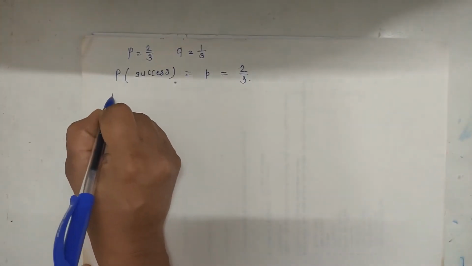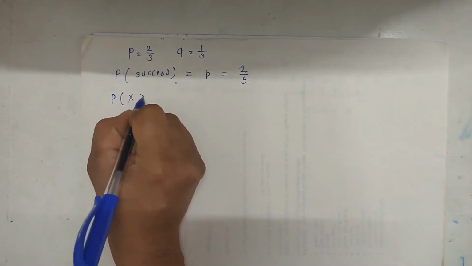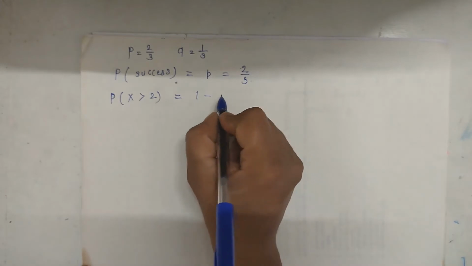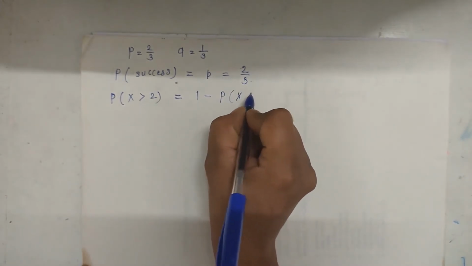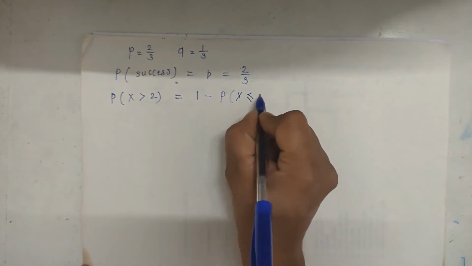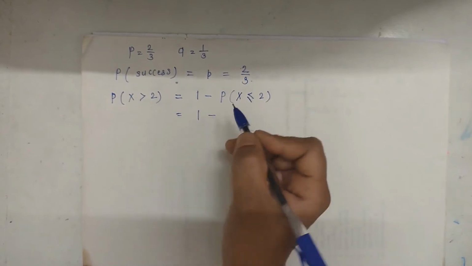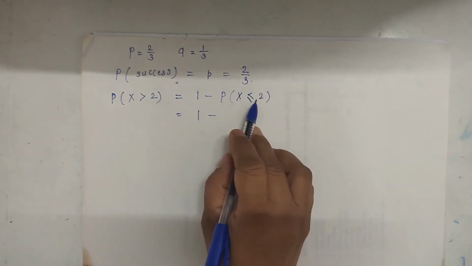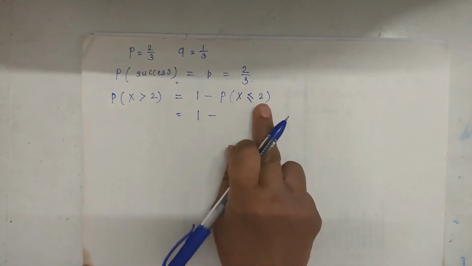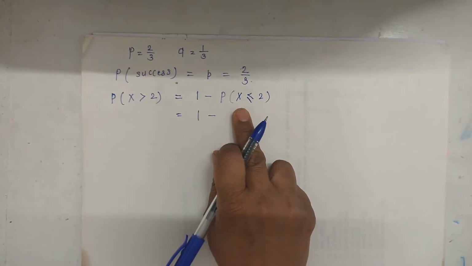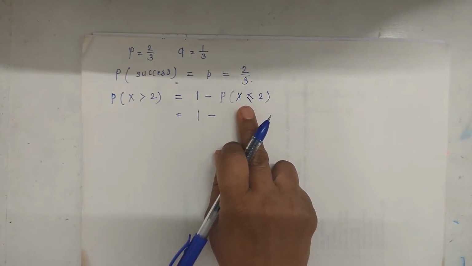Also we have to find the probability of x greater than 2. Here x greater than 2 can be written as 1 minus its complement, that is 1 minus probability of x less than or equal to 2. Then we get 1 minus the probability for x less than or equal to 2, which means x is equal to 0, x is equal to 1 and x is equal to 2.